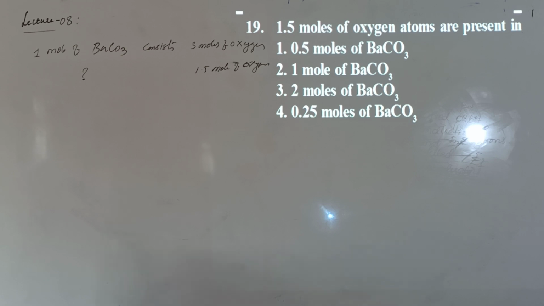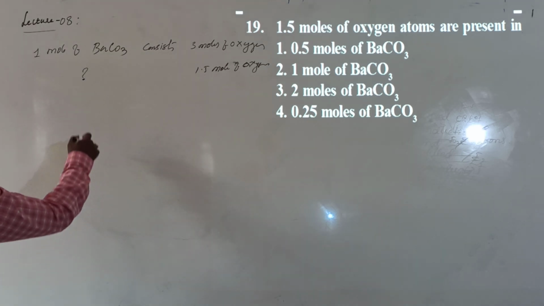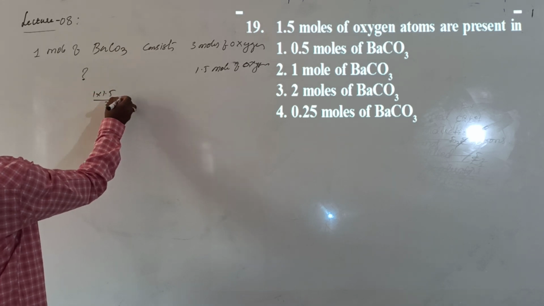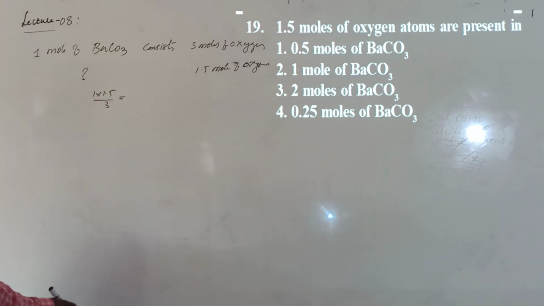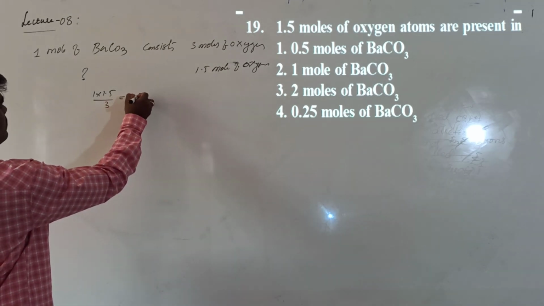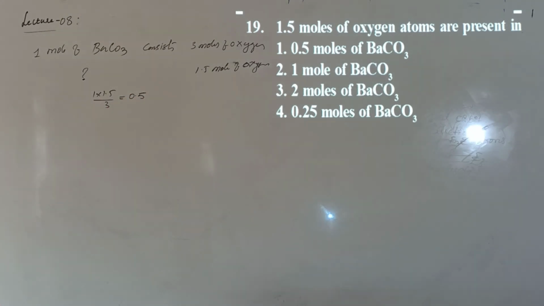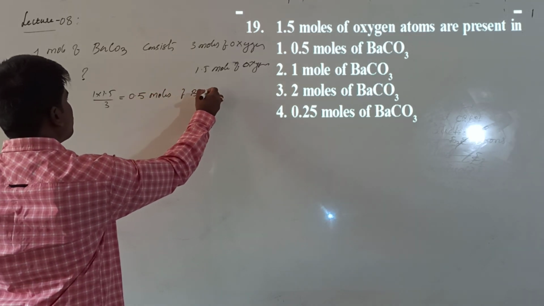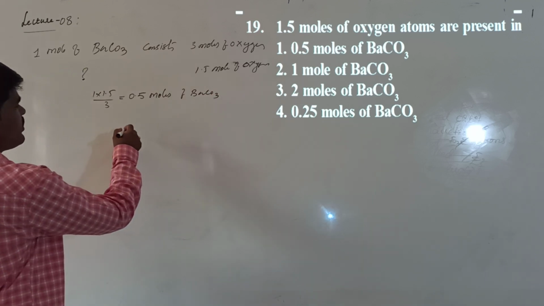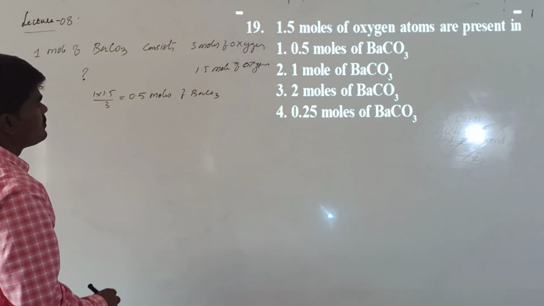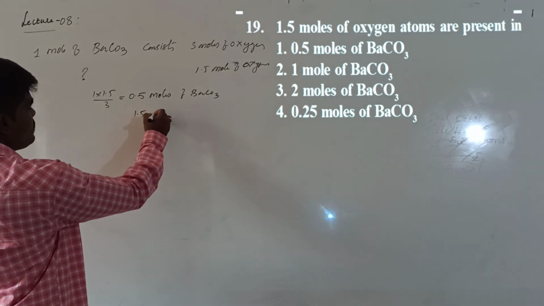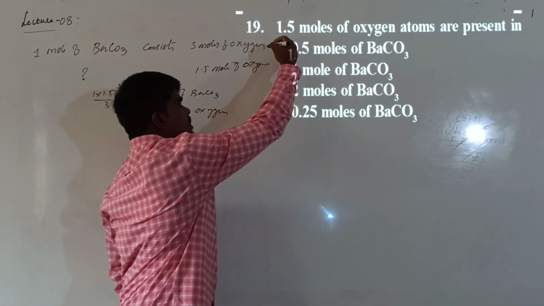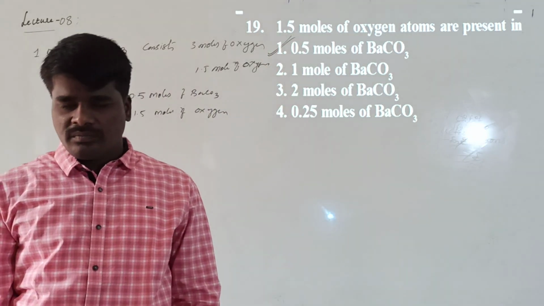What does it come to? 1 into 1.5 upon 3, which comes to 0.5 moles. So 0.5 moles of barium carbonate consists of 1.5 moles of oxygen. So your answer will be the first one.